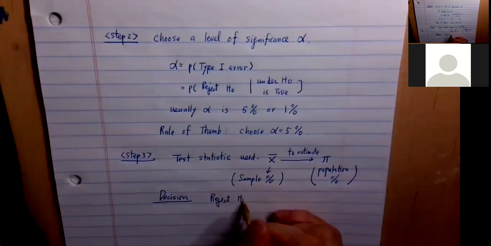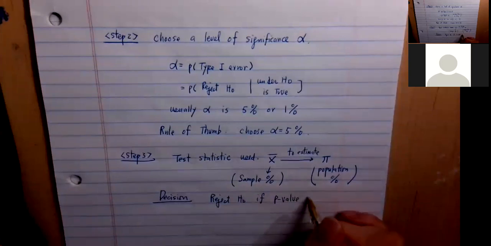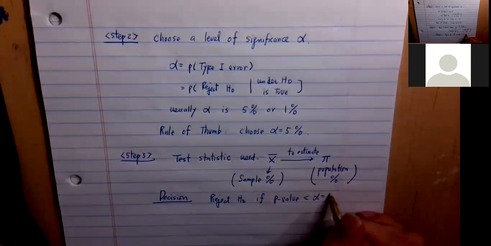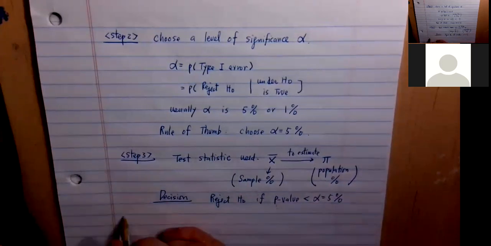We're going to reject H0 if the p-value is less than alpha equal to 5%. So we want to tell you what the p-value is. Let me define it here.